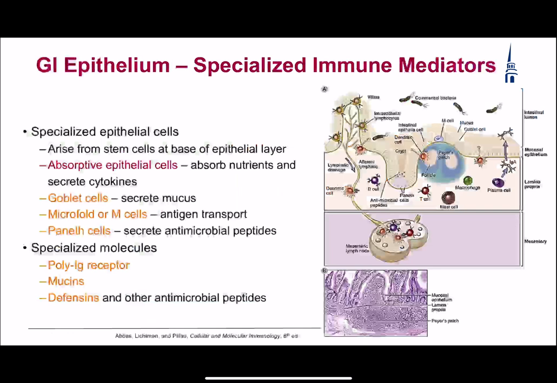And goblet cells secrete mucus because we need all of that mucus layer in the GI tract to protect, think that in the stomach, protecting against the acid that is made, other digestive enzymes, and other insults. You've got the microfold or M cells, which are basically just an elevator for substances to get from the lumen of the GI tract into the sub-epithelial layer.